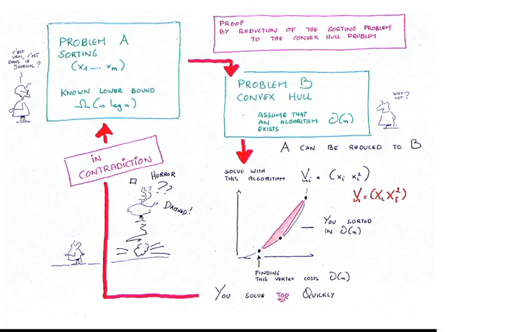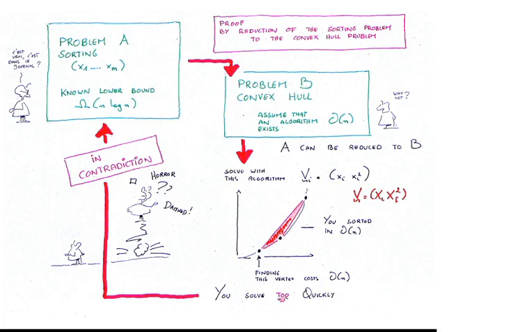Okay? And if you do that, you will obtain, in fact, the convex hull described on the figure. This part here. If you are able to build the convex hull with an order n algorithm, you do in the same way the sorting of the data. So you solve the sorting too quickly.